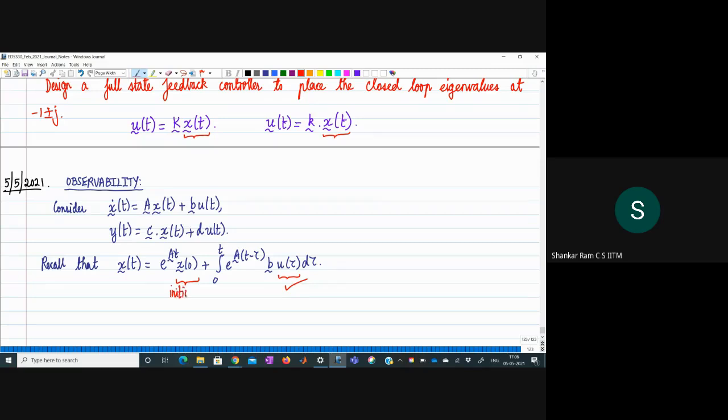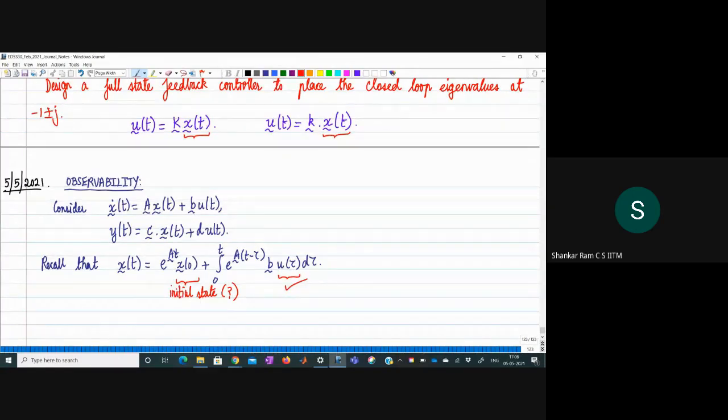If we know the initial state, we are in a position to calculate the state vector at each and every instant of time. How? Because we have this expression for x of t. If we know x0, we can calculate x of t at each and every instant, given the input provided to the system.